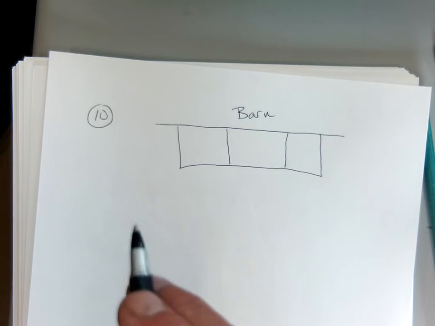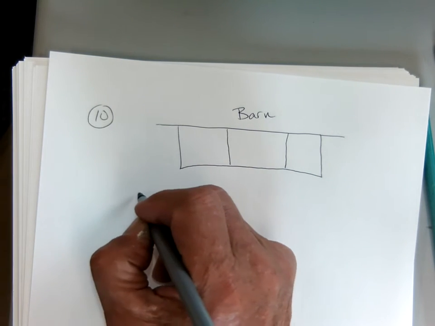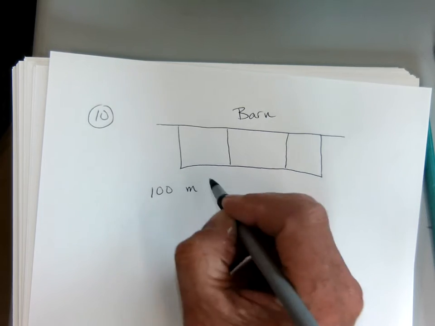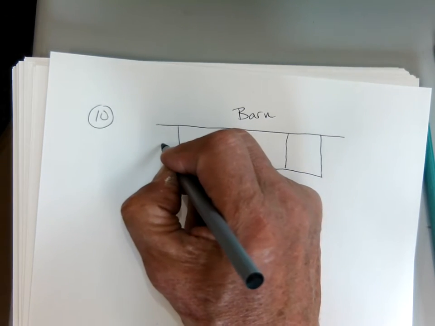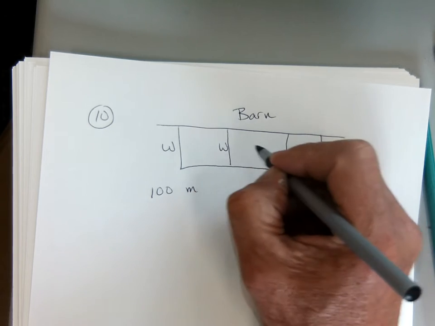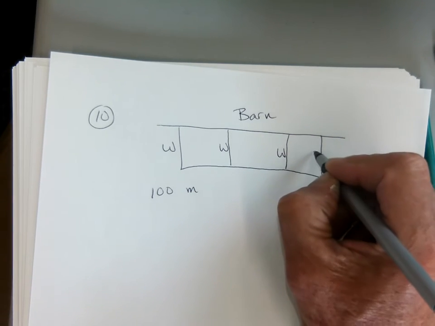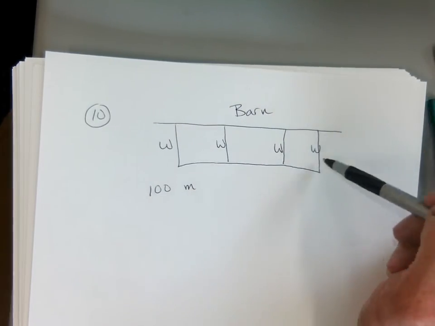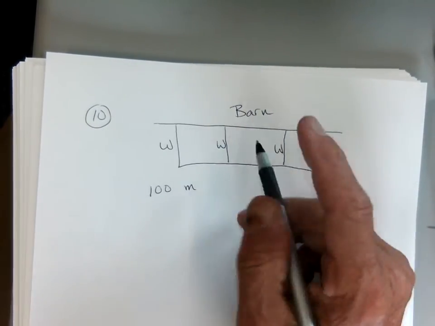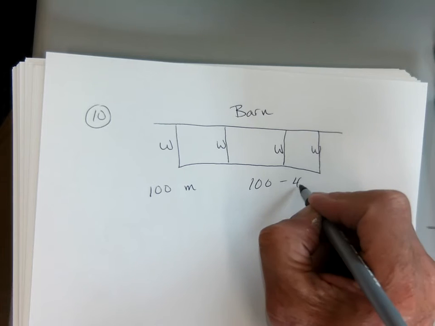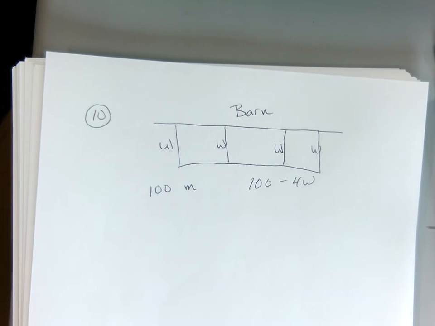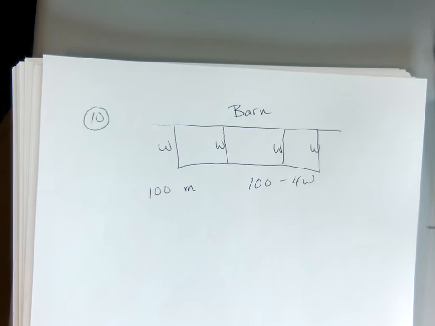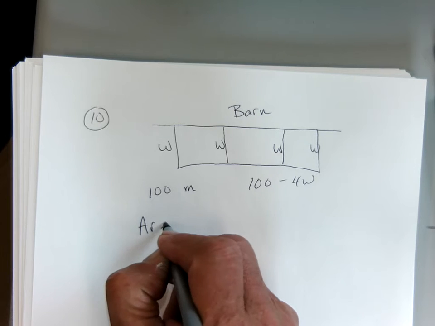So we've got 100 meters of fencing. I know I'm going to put some fencing here, here, here, and here, right? So if I put fencing here, here, here, and here, what's left over to put on the length is the 100 minus the 4 W's, right? It says we want to find the dimensions that maximize area.